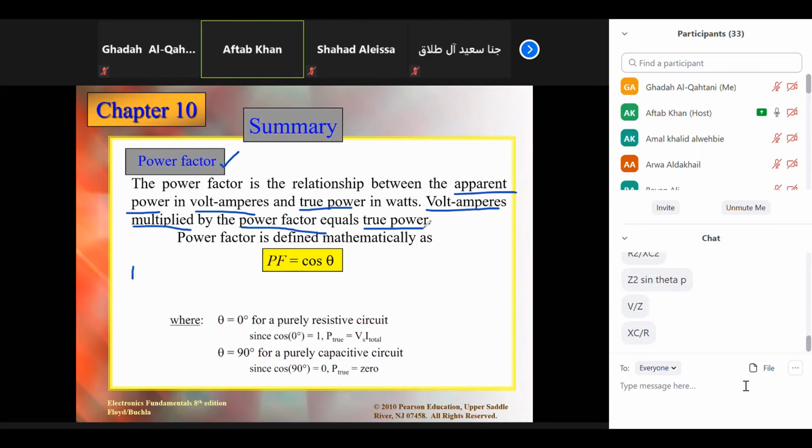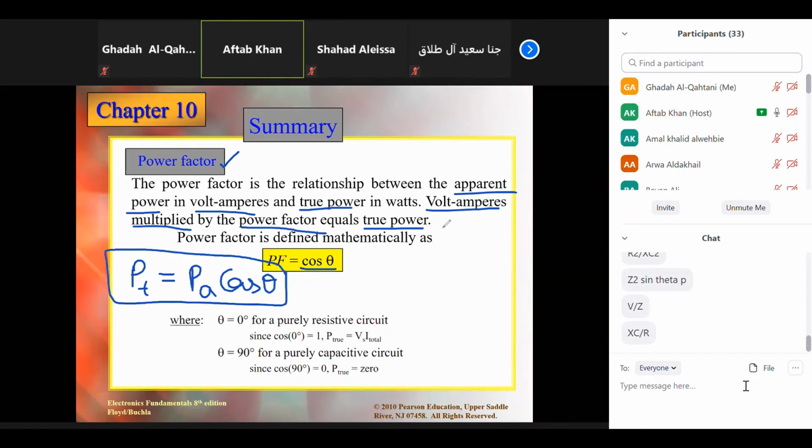PT, true power, not total, true power, is equal to apparent power PA multiplied by the power factor. What is power factor? Power factor is given by cos theta. So true power is equal to VA cos theta.